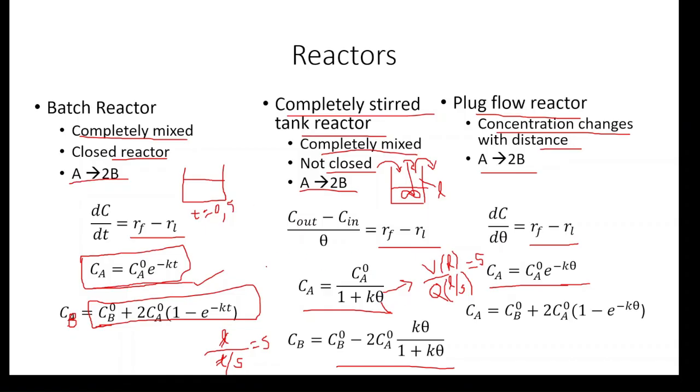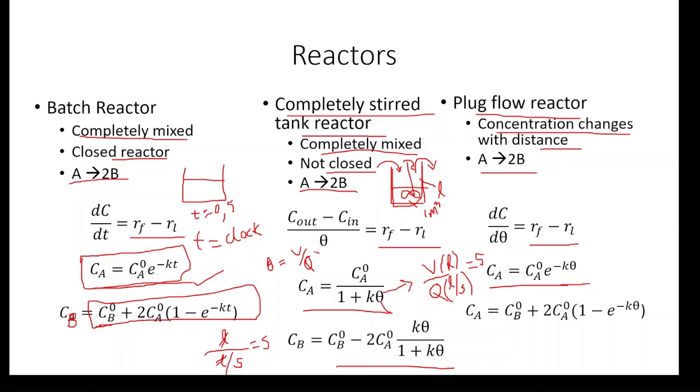But here, there is a difference between theta and time. Time is what you see in a clock. Okay, t is clock time, it depends upon the clock. But theta is hydraulic retention time. It depends upon volume and flow. Volume can be fixed. For this reactor, if we say volume is 1 meter cube, it will be 1 meter cube only.